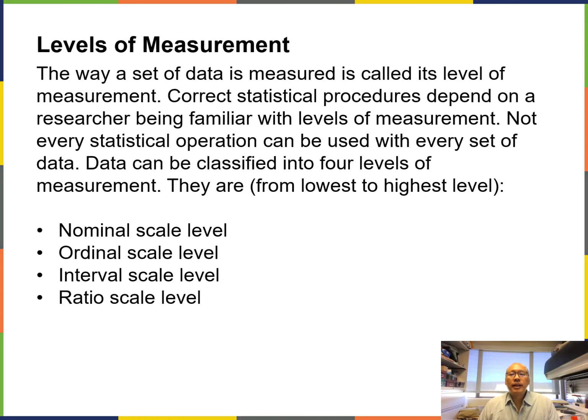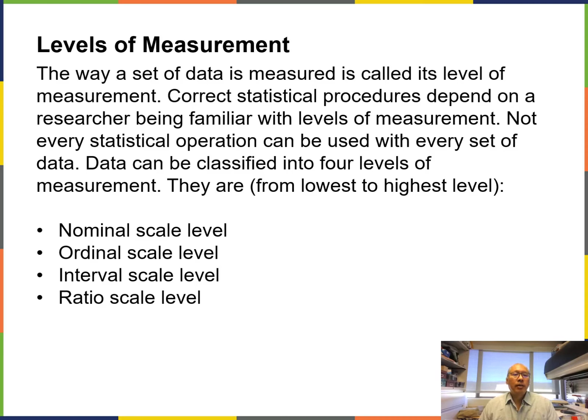Okay, let's go to the next slide where we're going to talk about levels of measurements. We already talked about the types of data that we can collect. We can collect qualitative data, categorical data, or we can collect quantitative data, which is numerical.